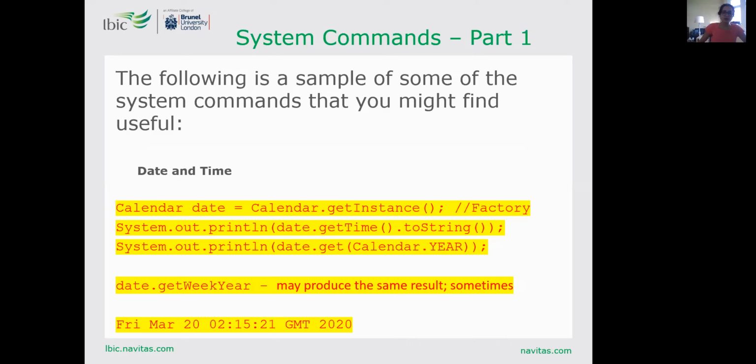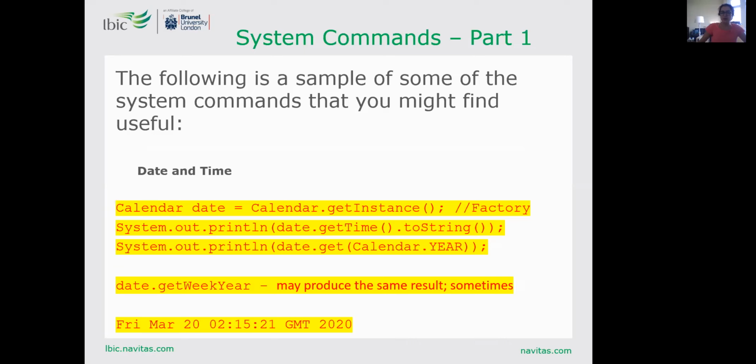Then another one, you print date.get(Calendar.YEAR). Do you remember the getter and setter? So here you just call get to be able to get something from the class. What is that? Just the year.